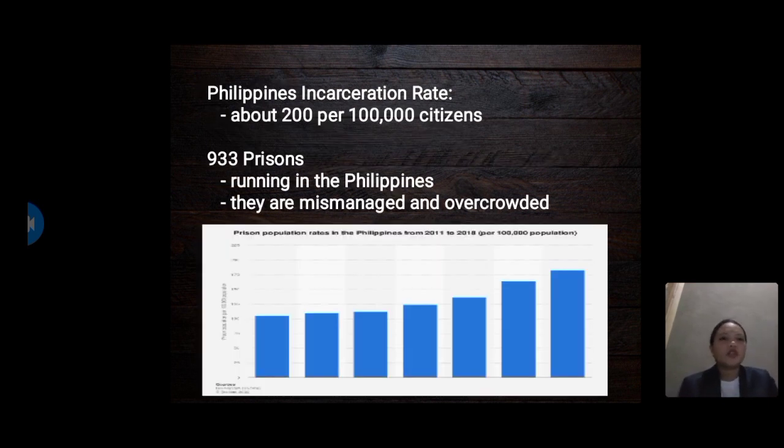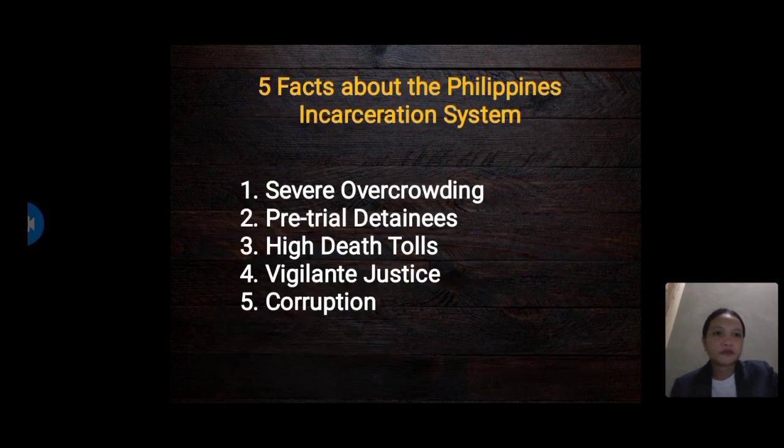The Philippine incarceration rate is about 200 per 100,000 citizens. So that's a lot. There are 933 prisons running in the Philippines, and they are mismanaged and overcrowded. I have some photos in my slides, in my PowerPoint. I hope you will see them.